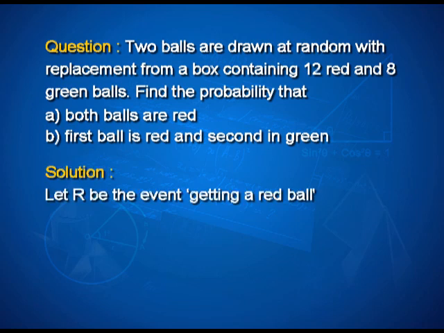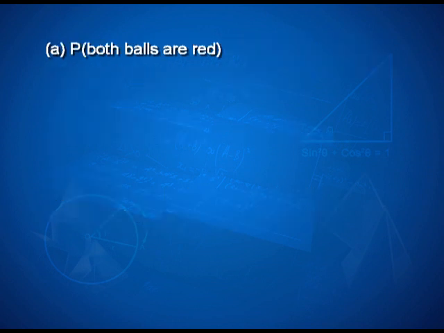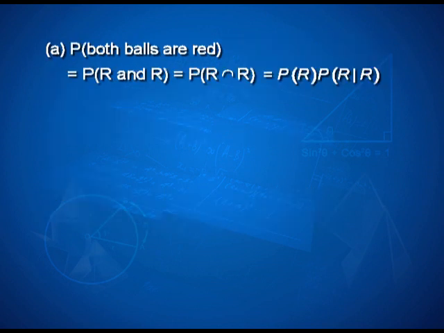If I say R is the event of getting a red ball, G getting a green ball, then I want to find the probability that both balls are red, that is R and R. In the language of sets, it can be written as the probability of R intersection R. By the multiplication theorem, it should be the same as the probability of a red ball into the probability of red given that a red ball was drawn.